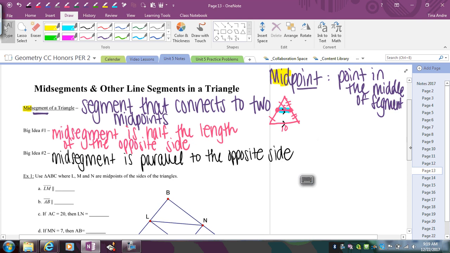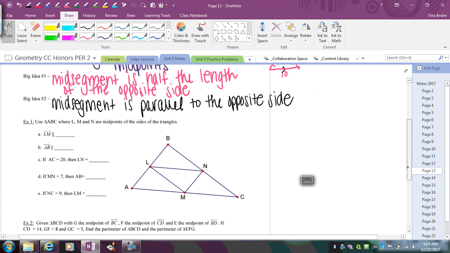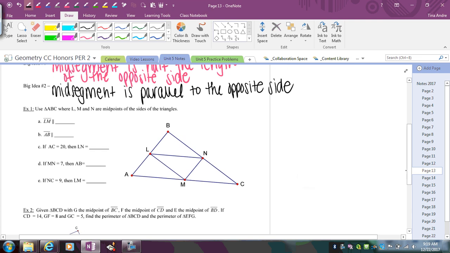So using those properties and using the definition of a mid-segment, let's go ahead and answer some questions. The first thing here is it tells us that we have some midpoints. So that indicates that we have mid-segments. If L, N, and M are all midpoints, that means these two segments have to be equal because a midpoint divides a segment into two equal parts.